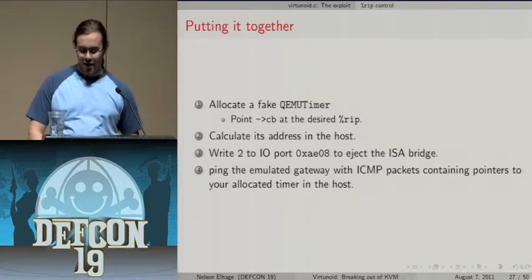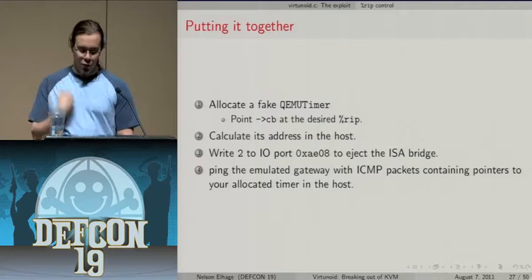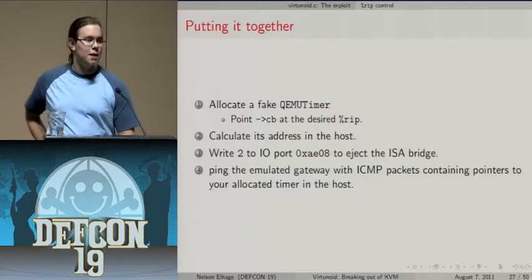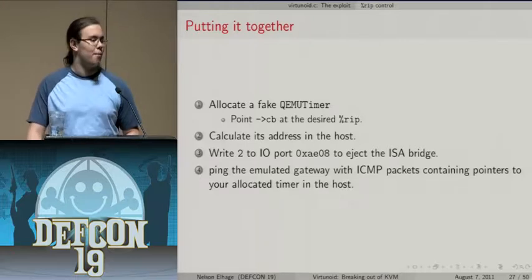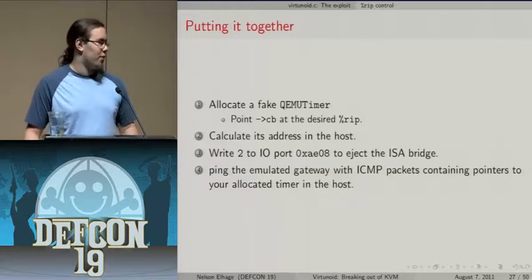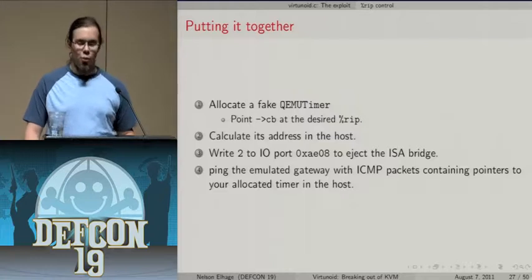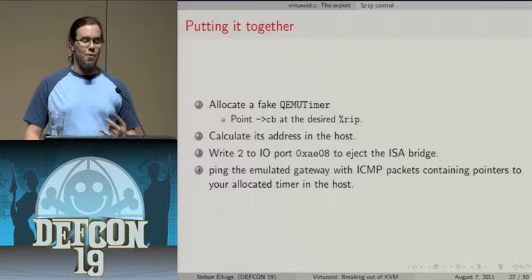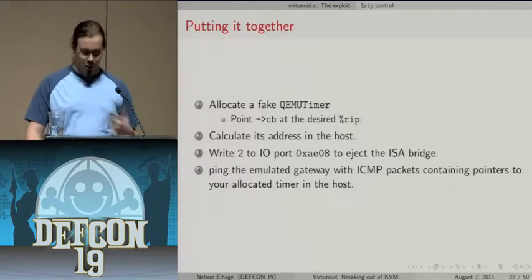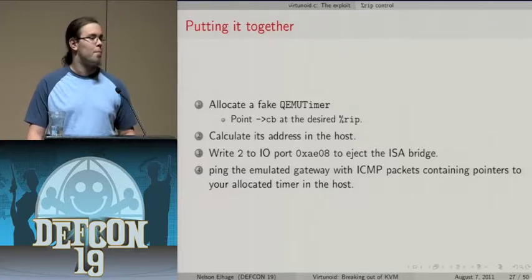We'll do that eject dance, and then we'll ping the emulated gateway as fast as we can with ICMP packets that have pointers to our fake timer in the host. And with extremely high probability, basically one of those will end up allocated into the space previously occupied by the RTC state, and we will win. We have the ability to get the QEMU to jump to an address we control. All right.